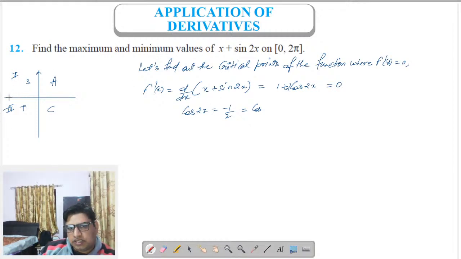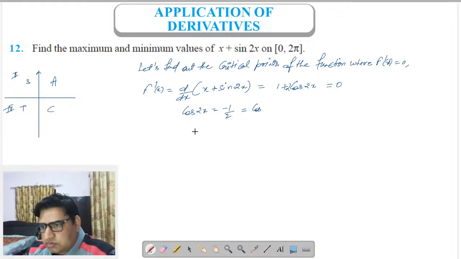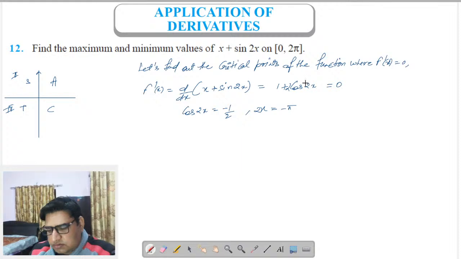If we talk about this interval 0 to 2 pi, inside 0 to 2 pi it will be at these 2 points. So this will be for 2x equal to pi minus pi by 3 and pi plus pi by 3.